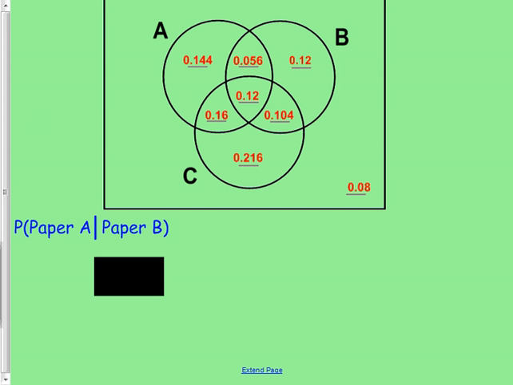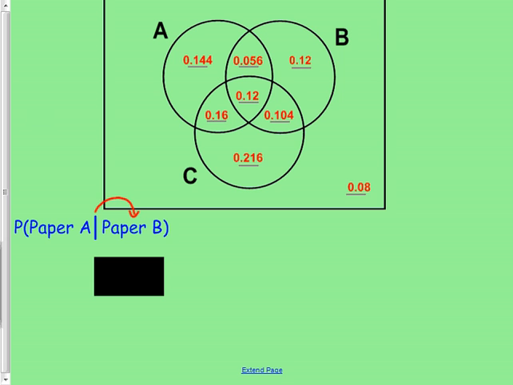Probability of paper A given paper B. What does slash mean? Given. Given paper B, that tells you the bottom. Probability of paper A, given that they get paper B, newspaper B, those are your possibles.